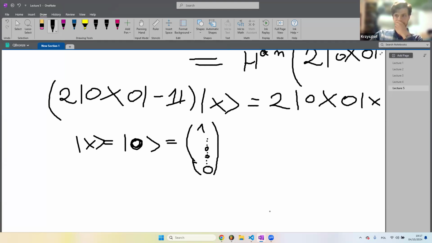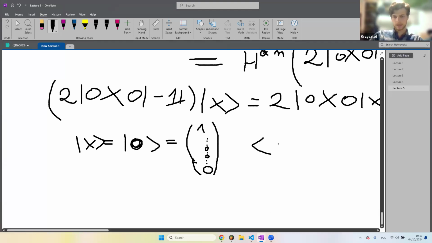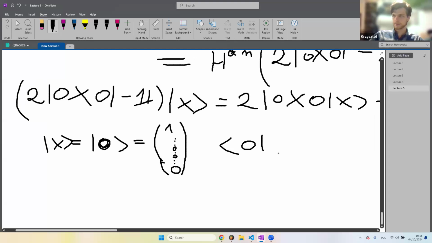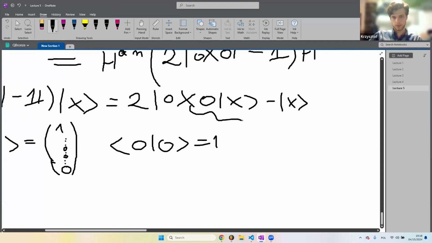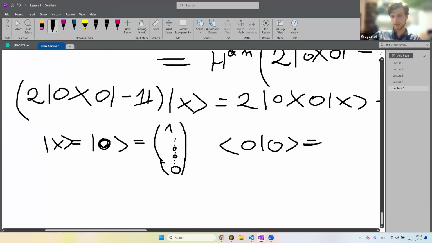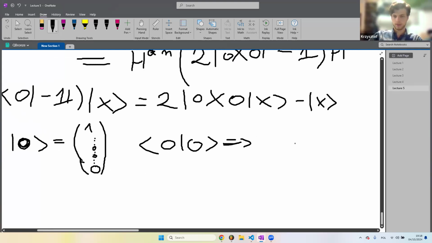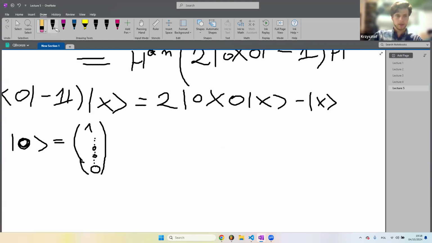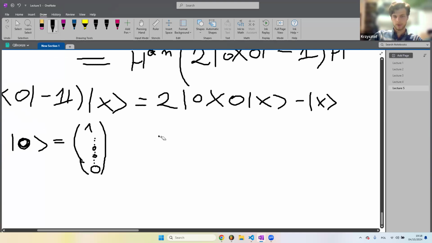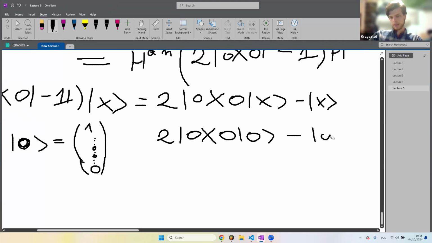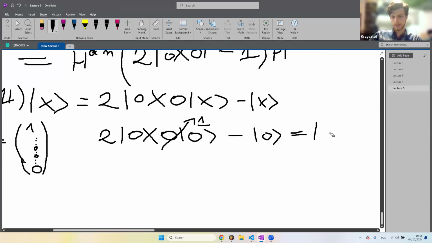And since 0 with 0 is 1, this will become 1. Maybe I'll write it in a cleaner way. So the effect of our gate on state 0 will be 2, 0, 0, 0, minus 0, and this is 1. So this will be state 0.